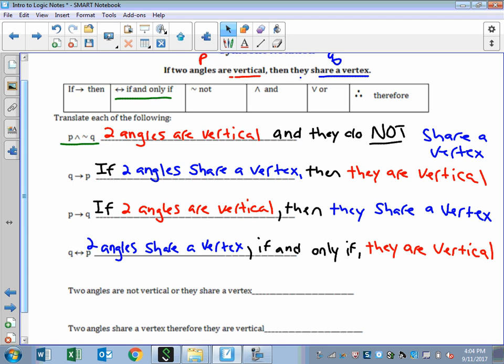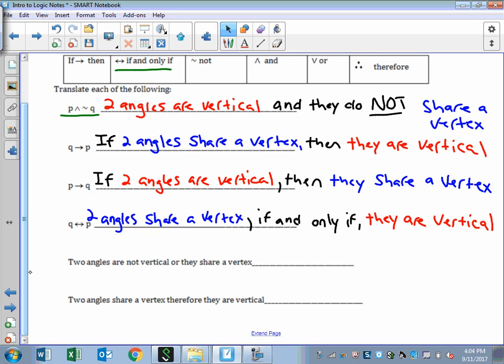Now we're going to practice taking statements and writing them in symbolic notation. So we have: two angles are not vertical or they share a vertex. So we have our not, which lets you know it's going to be a negation, so it's going to be a squiggly line up here. Two angles are not vertical.